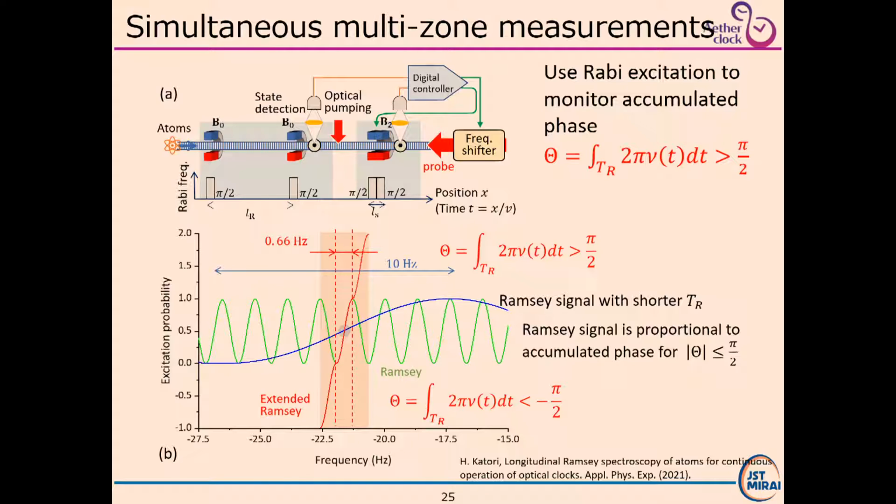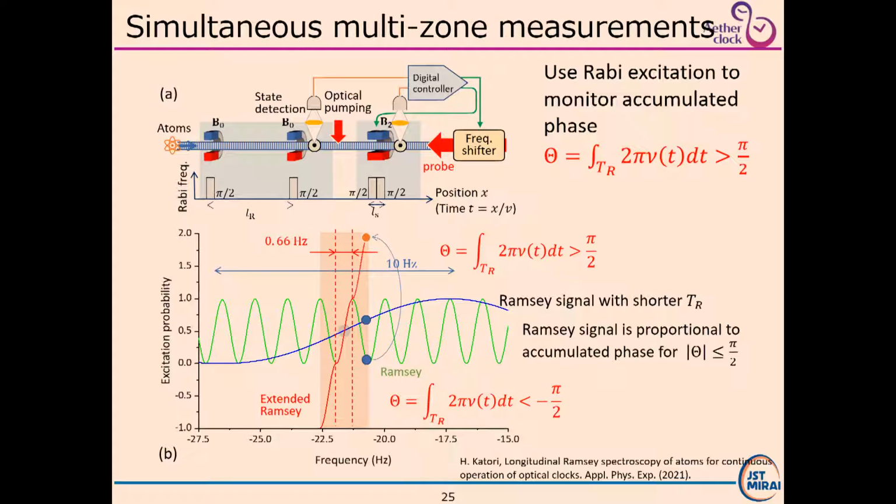By combining this information, the very fine Ramsey signal and the broad Ramsey signal, we can extend the fine Ramsey signal over a larger frequency range. This gives you a large frequency capture range.